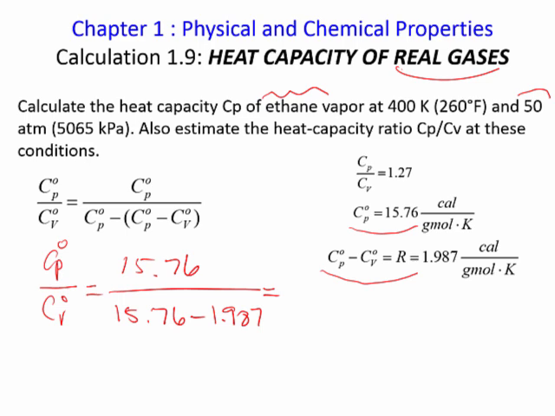This will give me a ratio of 1.144. This is compared to the ratio for real gas of 1.27. So this can tell us the effect of pressure on this ratio for ethane vapor.